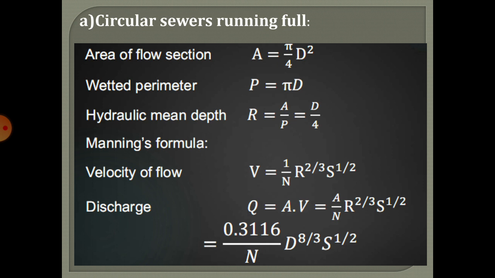If we put all these into Manning's formula, then velocity is equal to 1 by n r raised to 2 by 3 and s raised to 1 by 2, and if we calculate the discharge using Q is equal to AV, then Q will be 0.3116 divided by n d raised to 8 by 3 and s raised to 1 by 2.